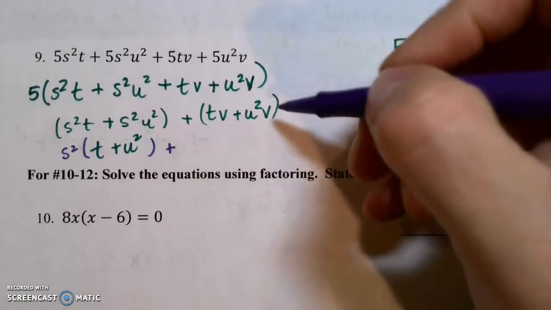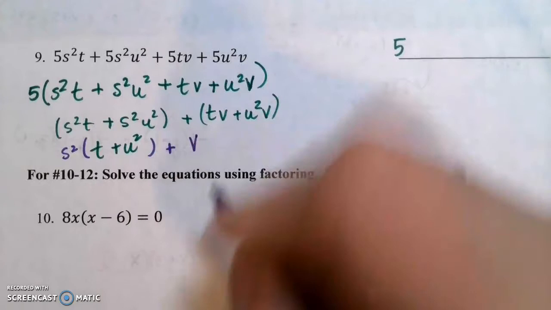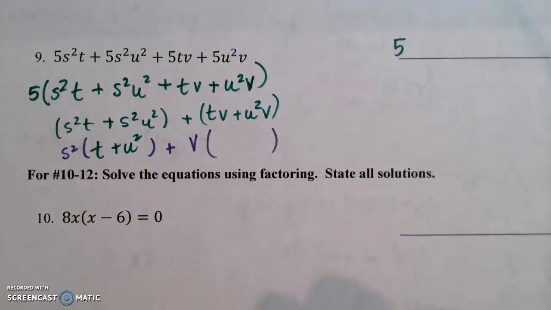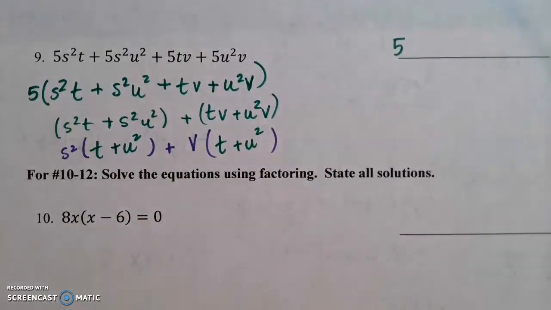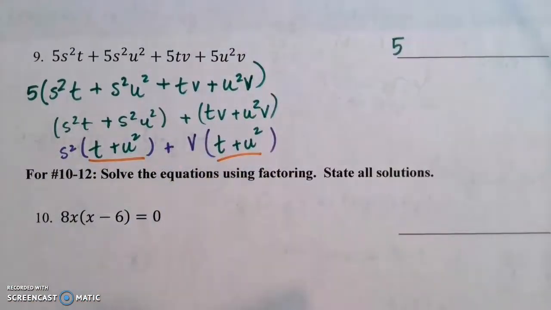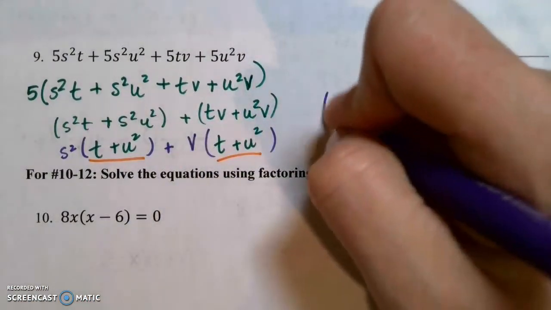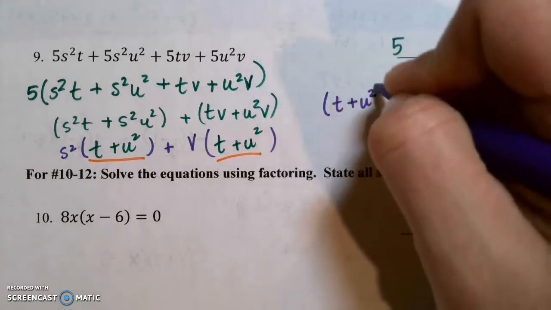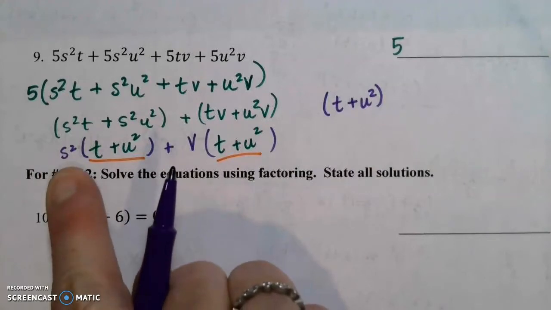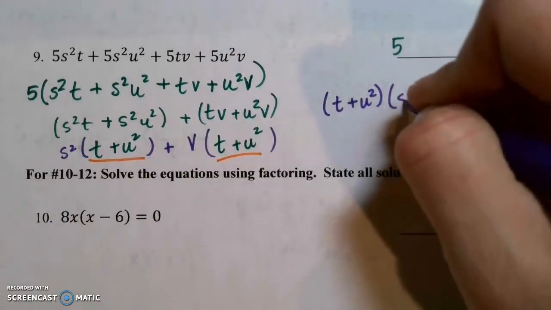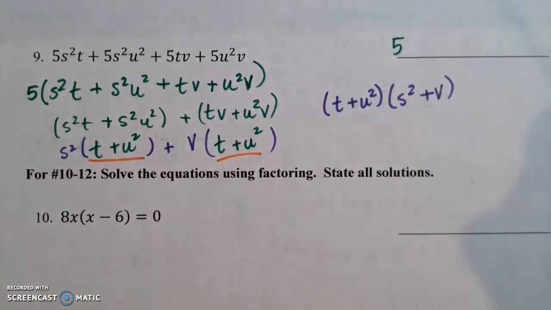And in the second set, we can factor out a v, which is going to leave behind a t plus u squared. So that's awesome because we want those 2 binomials to match, because then we can factor that entire binomial out so that t plus u squared is factored out, and it was multiplied by s squared and v, so those get added together in the second set of parentheses.